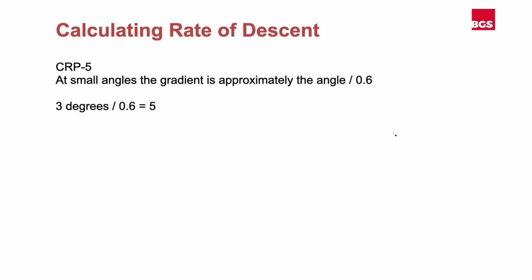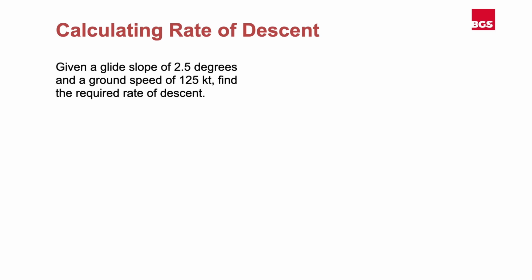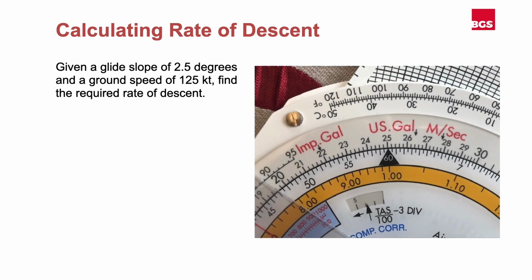But we can take advantage of that on our CRP5 and find the rate of descent for any glide slope. So given a glide slope of 2.5 degrees, remember the last one was a percentage, 2.5 degrees, and a ground speed of 125 knots, find the required rate of descent.